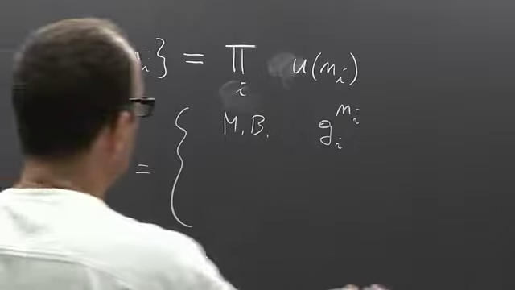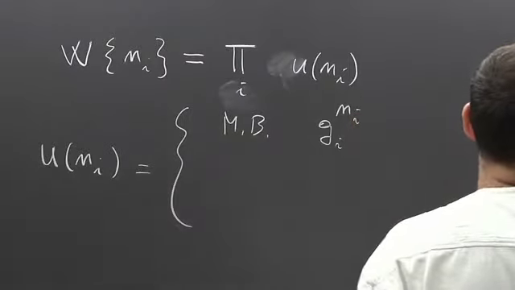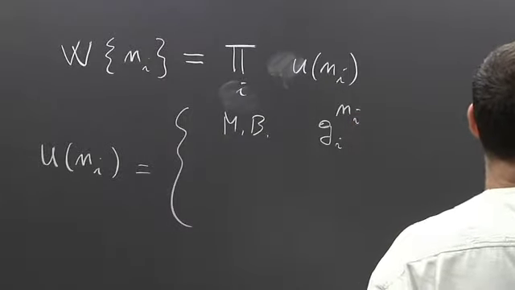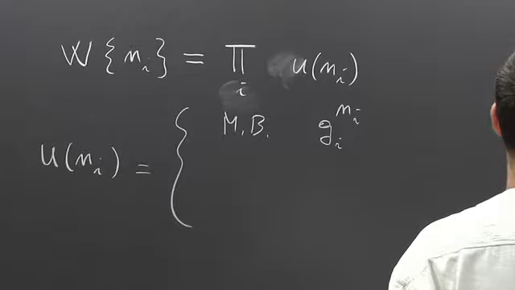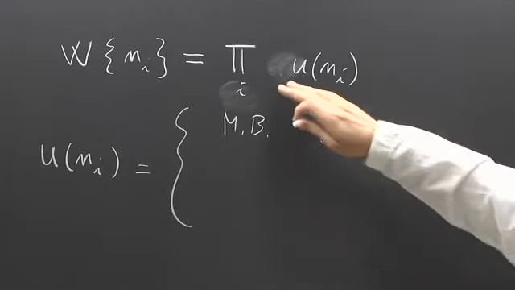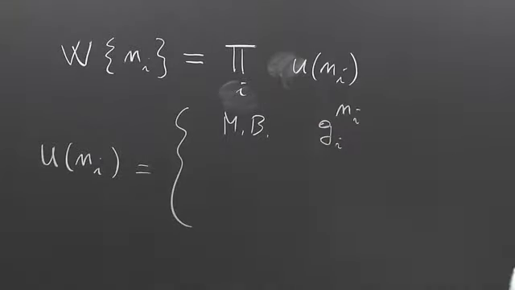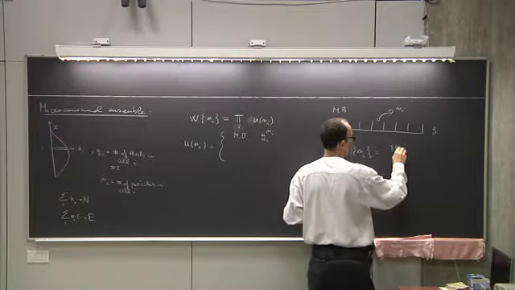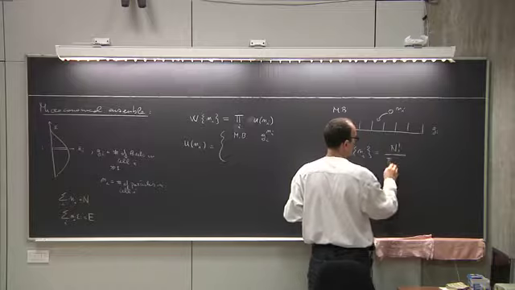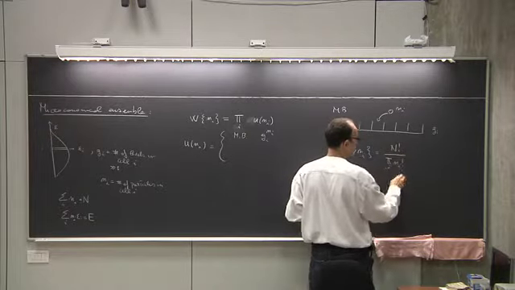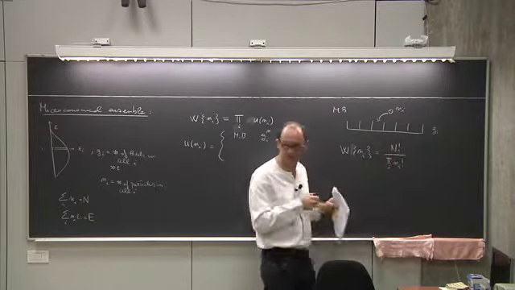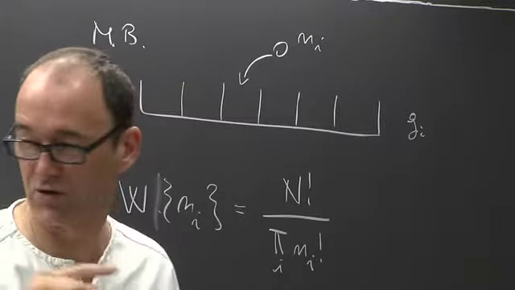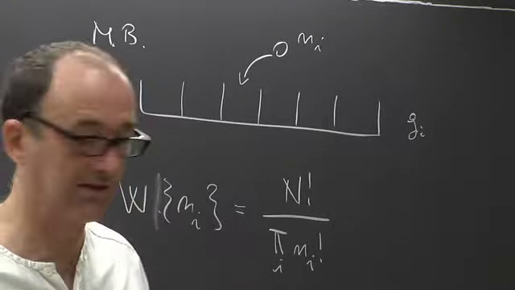So in the Maxwell-Boltzmann case, the W of Ni will not be equal to this, but it will be equal to n factorial over the product over i of ni factorial. This is the number of possible ways in which I can distribute the total n particles into the cells.